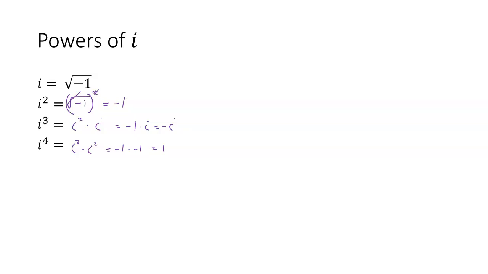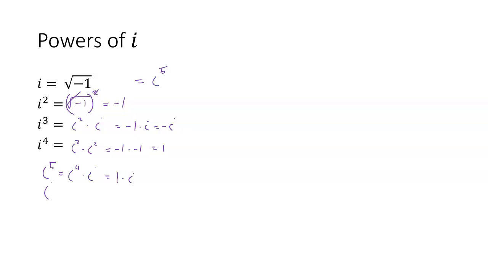So if I had i to the fifth, that's i to the fourth times i. Well, what's i to the fourth? 1. What's 1 times i? It's i. So now I'm back here. i to the fifth is equivalent to i.